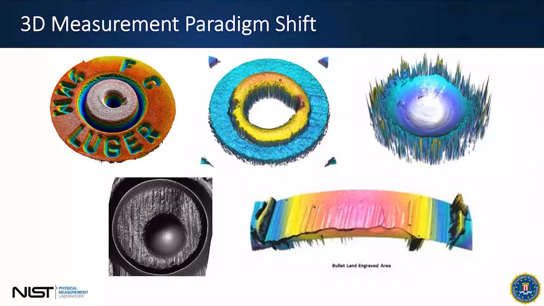And examiners are really good at doing that, but an algorithm is pretty dumb in general. So if you give it a 2D image with different lighting conditions, it's going to think it's two completely different things. So by measuring a 3D surface and actually capturing what that surface looks like, you're able to repeatedly make that measurement to help the algorithms along.